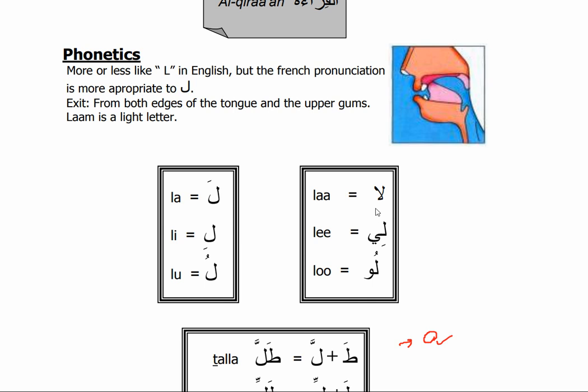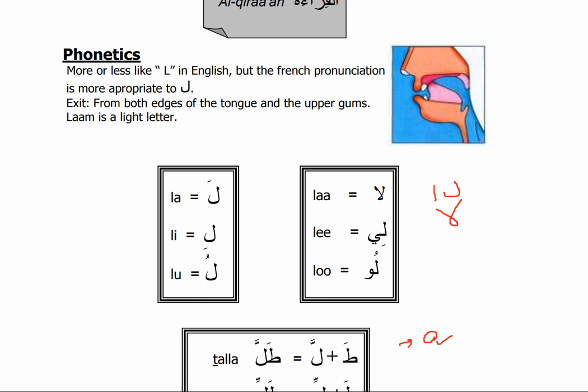So with the lam and alif, when lam comes with alif, what happens? You cannot write lam and alif like this. It is always written with alif like this. For example, you start writing and go up with the lam. So this is lam alif. Lam with the ya and the waw, as you can see, with the long vowels.